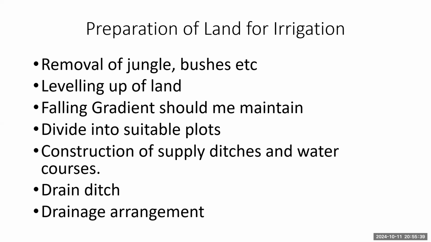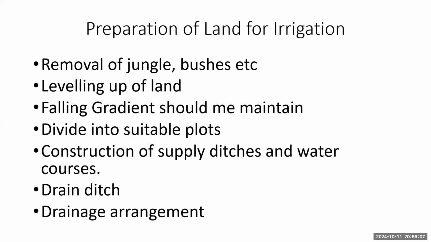Then when the plots are prepared, based on the method of applying water to the crop, the construction of supply ditches and water courses is carried out. And also the drain ditches are excavated. We have discussed the controlled flooding methods. We know that there is a need of a supply ditch, there is a need of water courses or laterals, and there is a need of a drain ditch.